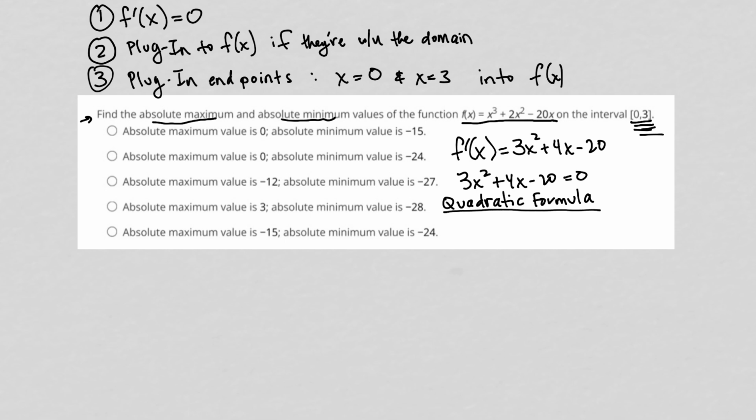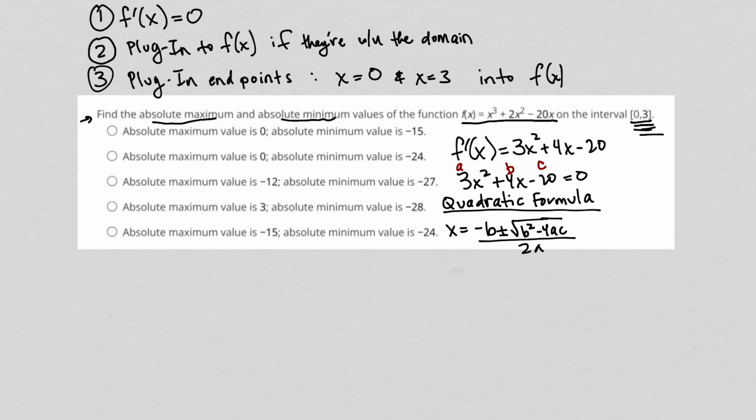The quadratic formula is x equals negative b plus or minus the square root of b squared minus 4ac, all over 2a, where a is the term in front of the x squared, so for us that's 3. B is the number in front of x, so that's 4. And c is the number all by itself without any variable attached, so for us that's negative 20.